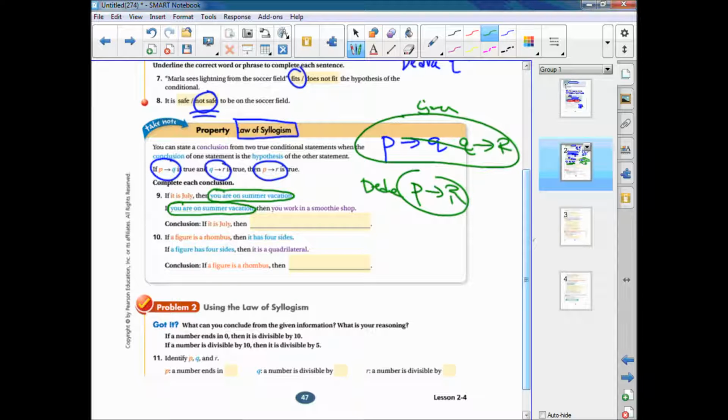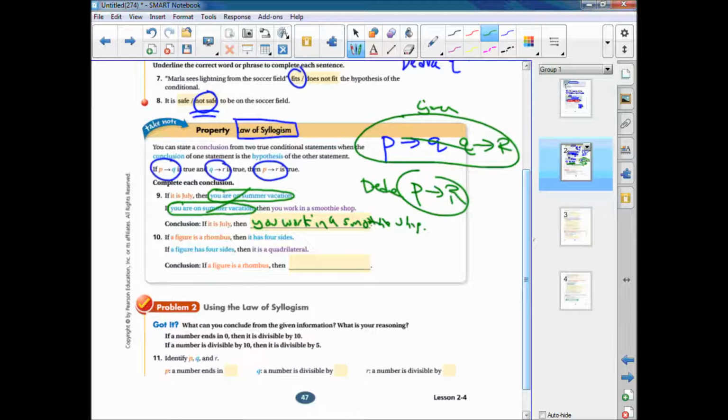That means I can skip over these and go from if it's July, then you work in the smoothie shop. So when the conclusion of one conditional statement is the hypothesis of the other, then you may skip over that part and go from the hypothesis of the first one to the conclusion of the second one.